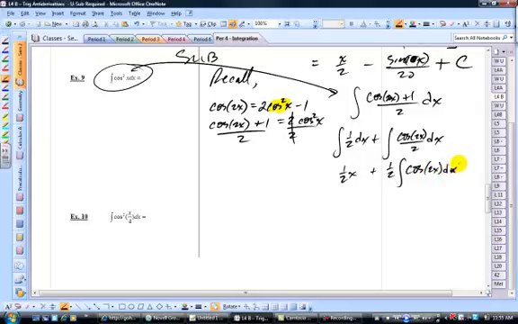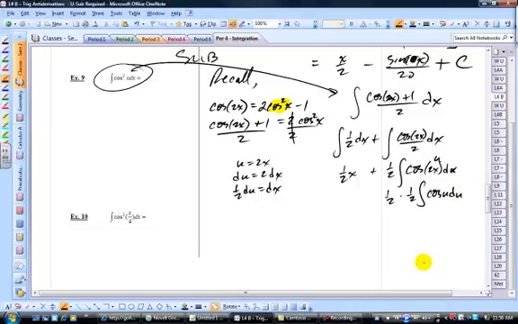You guys do u substitution there? Yep. So if u equals 2x, du is equal to 2 dx. So 1/2 du is equal to dx. So this is the same thing as 1/2 times 1/2 times the cosine of u du. Who's with me on that?